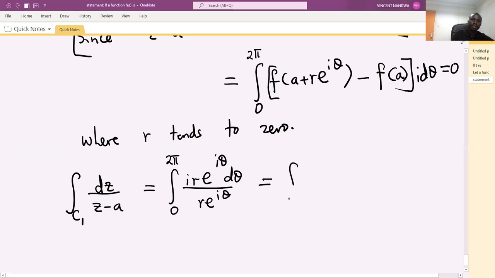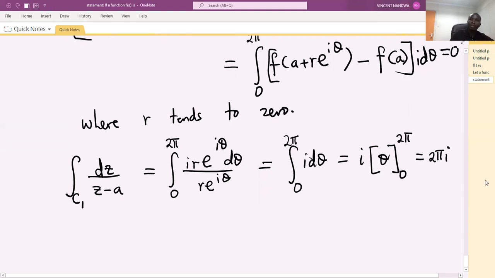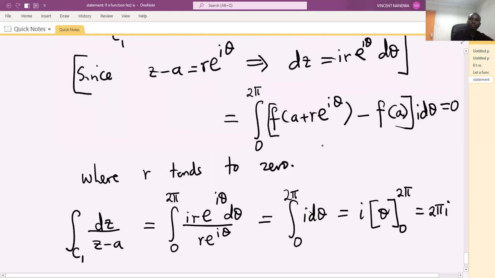This is the same as the integral from 0 to 2 pi of I d theta. This will give us I theta from 0 to 2 pi, and this will give you 2 pi I. So now, we can call this one equation 2, and call this one equation 3.